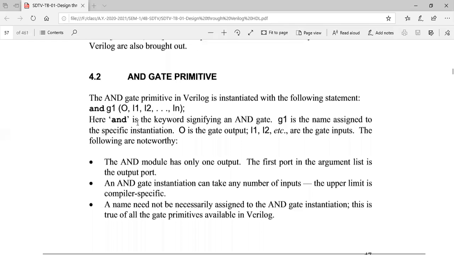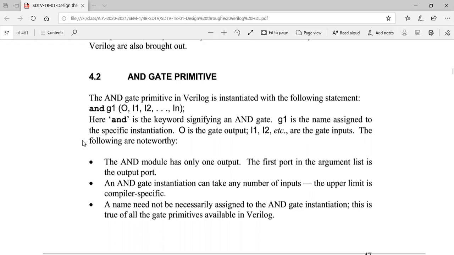We see here, the AND gate primitive is instantiated with the following statement: AND G1, O, I1, so on up to IN.